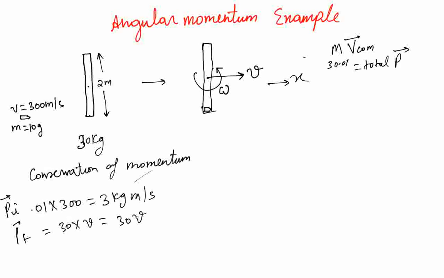So that is the final momentum, and from here we can calculate that 30V is nothing but 3, because momentum should stay conserved no matter what happens, unless there are external forces. So that gives us V equal to 0.1 meters per second.